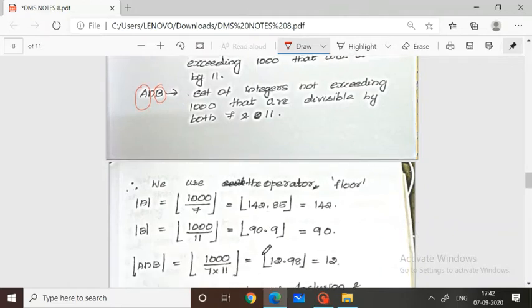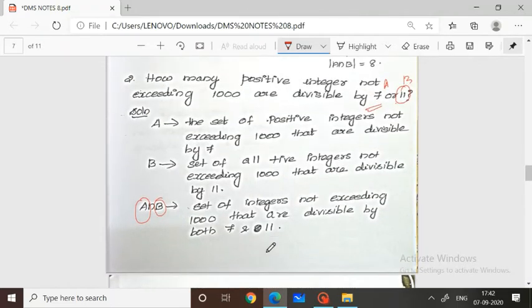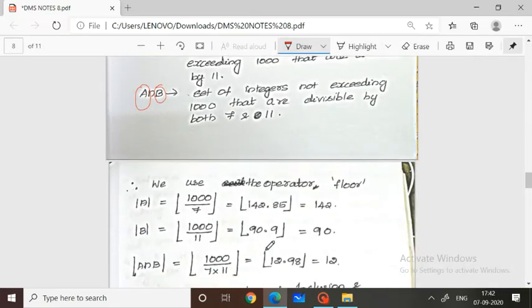What is |A|? It is not possible to manually count the integers not exceeding 1000 that are divisible by 7, so in such situations we apply the floor calculation. The number of elements in A is floor of 1000 divided by 7. 1000 divided by 7 is about 142.8, and the nearest integer less than this value is 142.